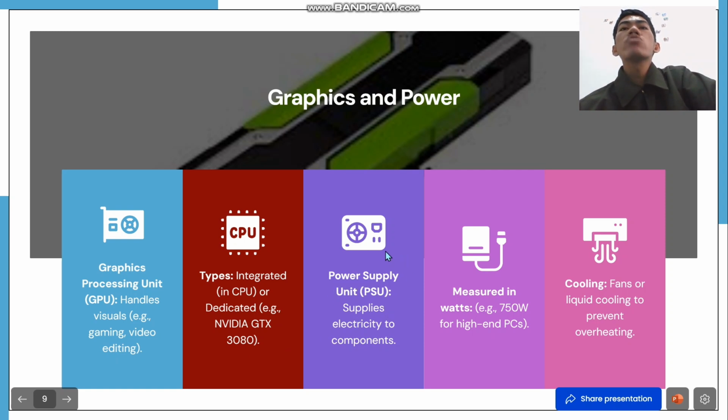The next is the power supply unit or PSU. It supplies electricity to components. It is measured in watts, for example 350 watts for high-end PCs. And cooling, fan or liquid cooling, prevents overheating.